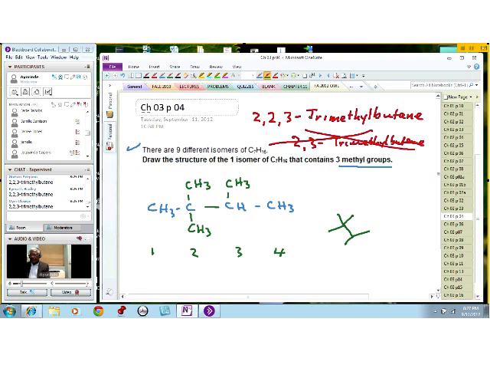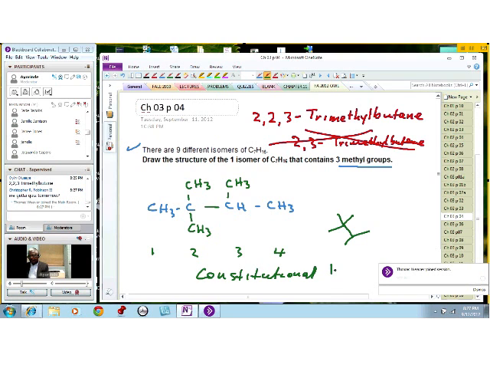Let us move on. Now, this question here simply points at one aspect of organic molecules that we discussed in our last lecture, which is the constitutional isomers.